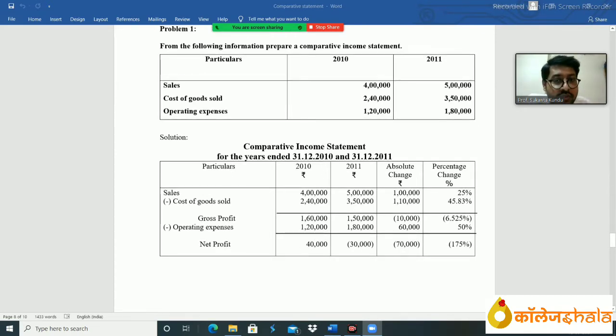So put the value of 2010 and 11, sales 4 lakh, 5 lakh, less cost of goods sold 2 lakh 40, 3 lakh 50. Absolute change is 5 lakh minus 4 lakh, that is 1 lakh, and percentage change 1 lakh divided by 4 lakh into 100, that is 25%. In case of gross profit, 1 lakh 50 minus 1 lakh 60, minus 10,000, divided by 1 lakh 60 into 100, that is minus 6.525%.